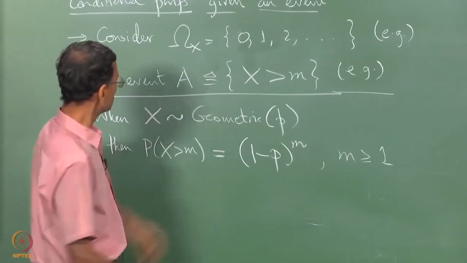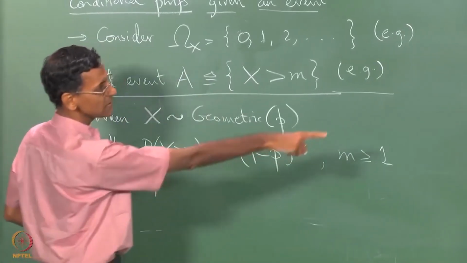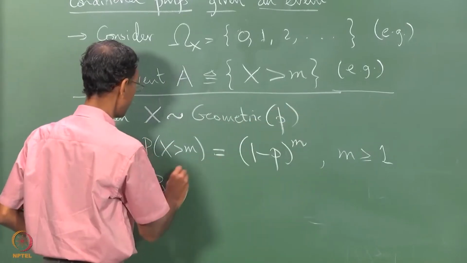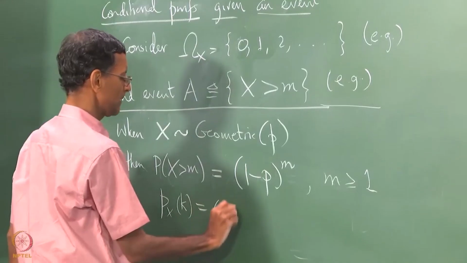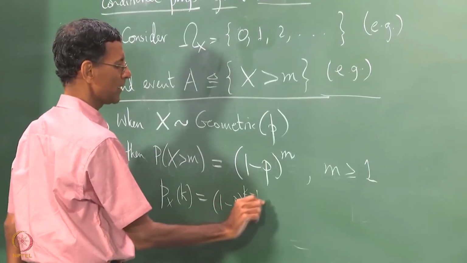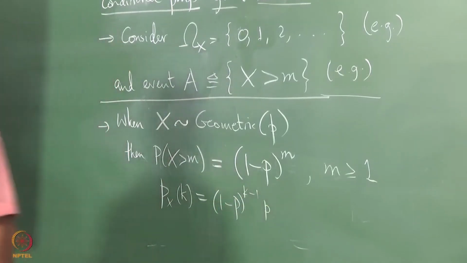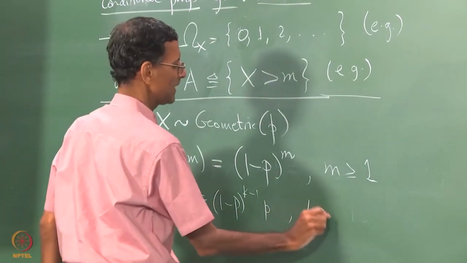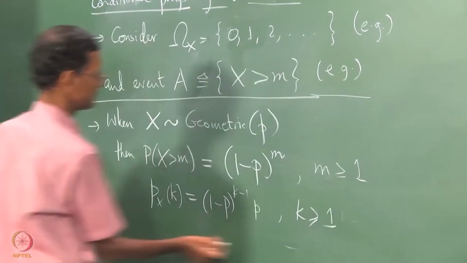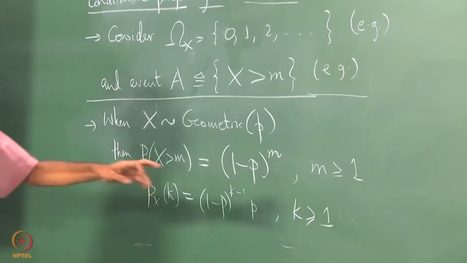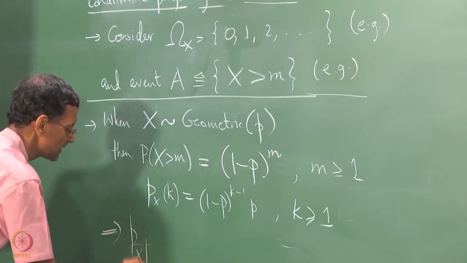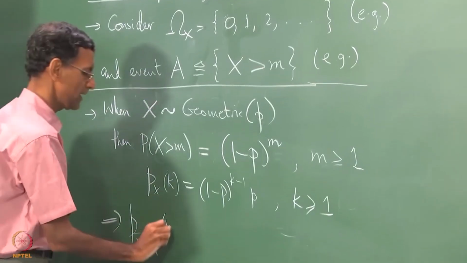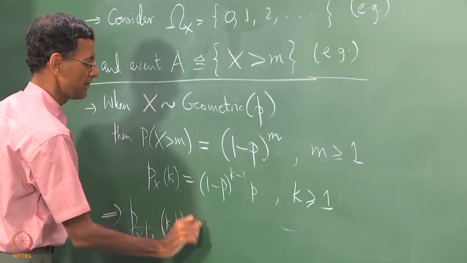Now, go back to that thing with Px. What is Px of k? This we already know as (1 minus p) to the power k minus 1 times p, for k greater than or equal to 1. So, what is the ratio? What is P of x equal to k given x greater than m?